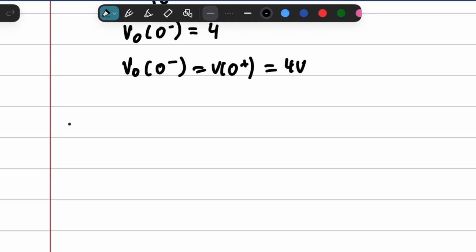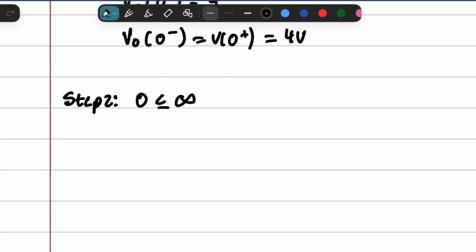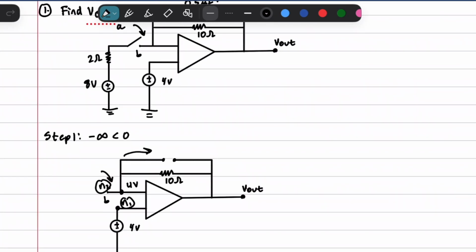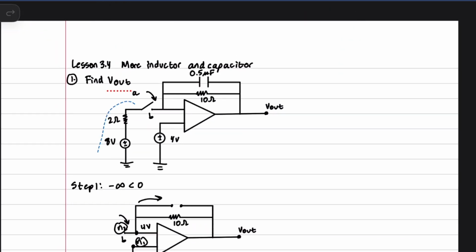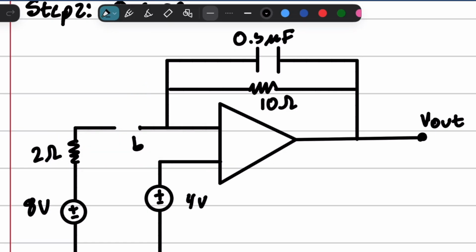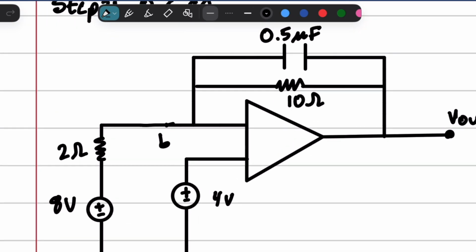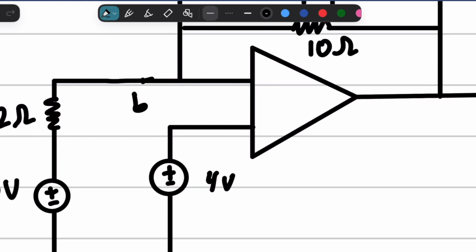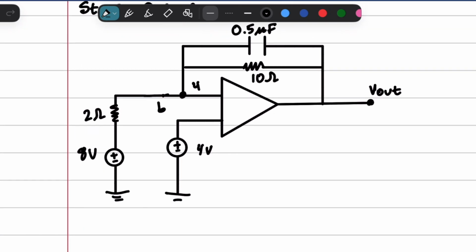Now we're going to look at step 2, which is from 0 to infinity, and that is going to have the entire circuit activated. So this switch is going to close, and our capacitor becomes alive, and we still have 4 volts right here. We're going to apply a nodal analysis.